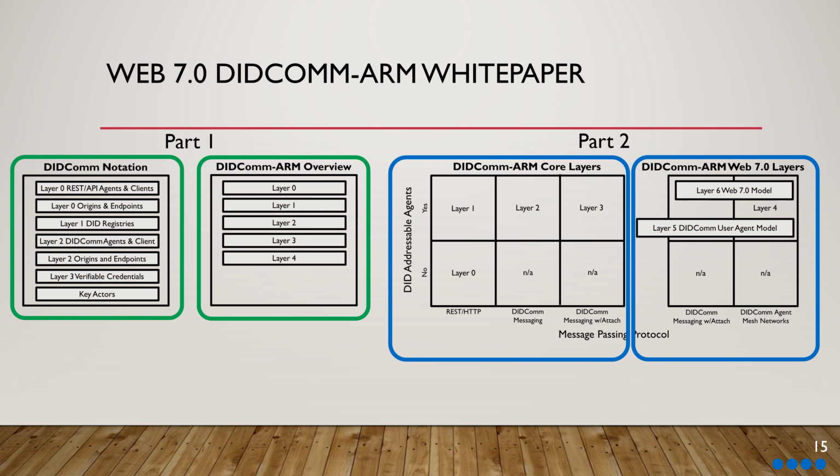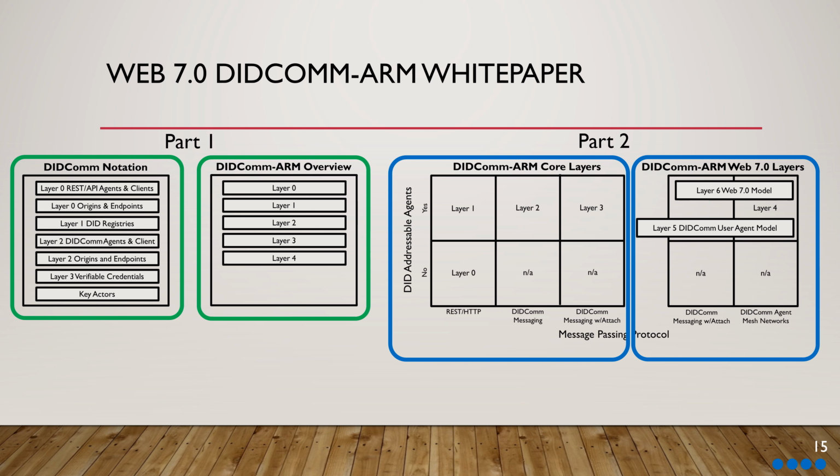And part of the reason why these blue rectangles are separated like that is layer 5 and layer 6 came into the picture late. And I'll talk a little bit about that later. So they're actually described in appendices of the white paper. Yesterday, I recorded part 1, which covers the DIDComm notation and does an overview. You should probably watch that first if you haven't watched it already.